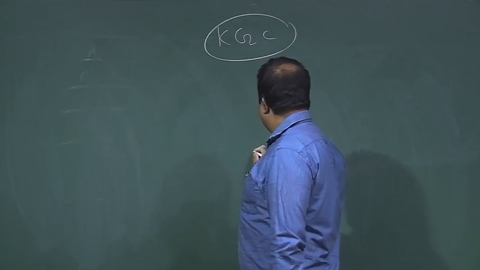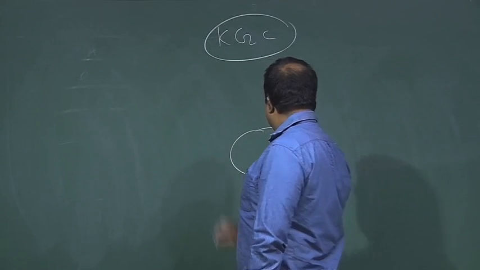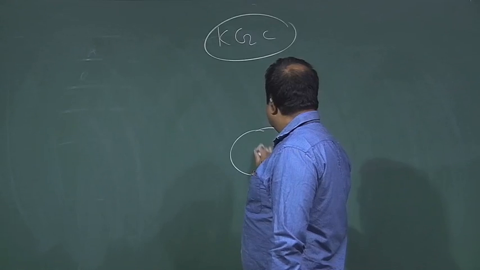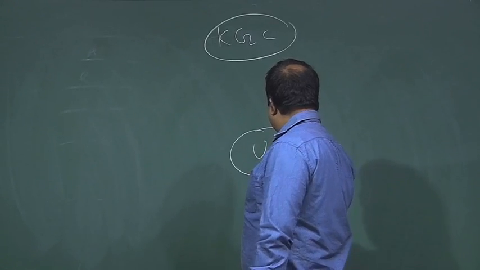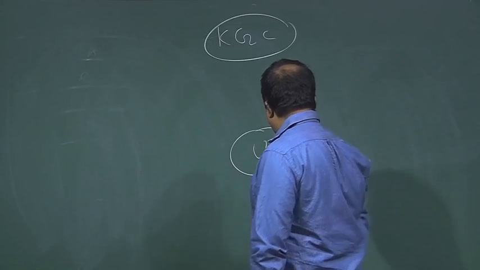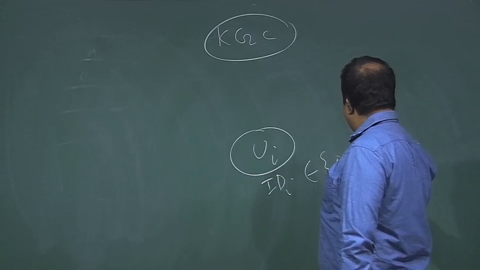Each user has an identity, which also needs to be converted into a 0-1 string.